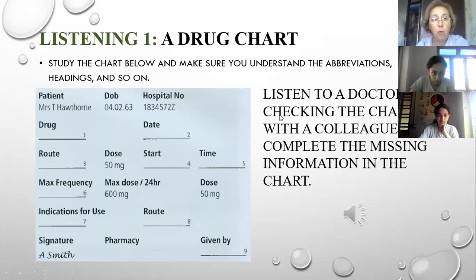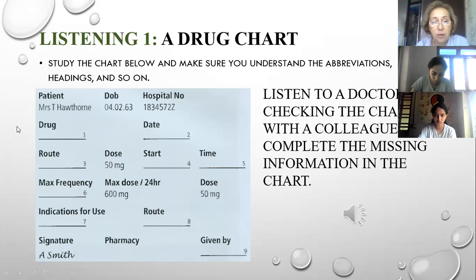And it is used in a ward in a hospital. So the example of such drug chart is given here on the slide, and you can see that there are several gaps here. We should study the chart and make sure that we understand the abbreviations, the headings, and everything here, and then we'll listen.